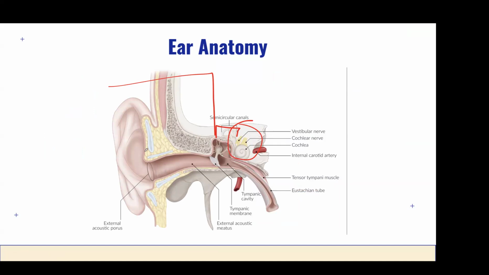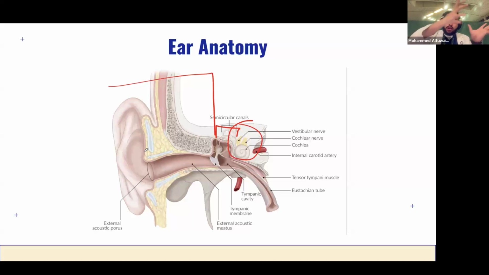Collect sounds. Excellent. Collect all the sounds, funnel it into the external acoustic meatus or the external ear canal. It goes and then hits the tympanic membrane. This will cause vibrations to occur in the middle ear, through the ossicles.